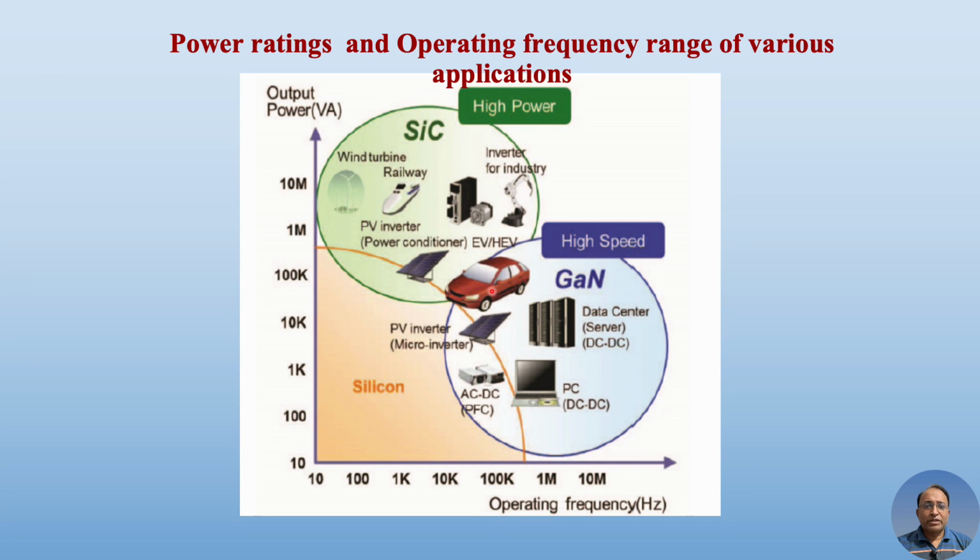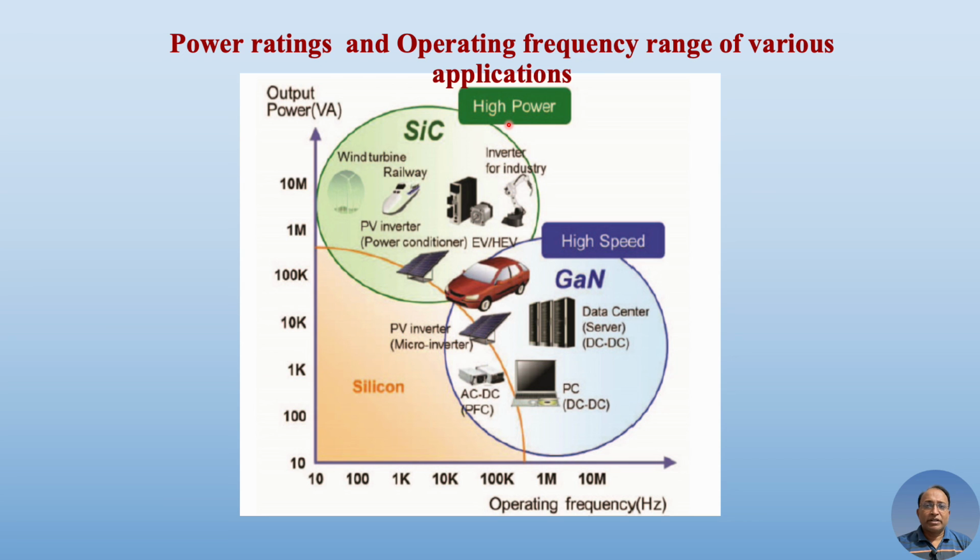And for this range, the operating frequency also has a very similar range, 10 kilohertz to 100 kilohertz. So electric vehicle can be designed either using silicon carbide or gallium nitride as per the availability, costing and the requirement.